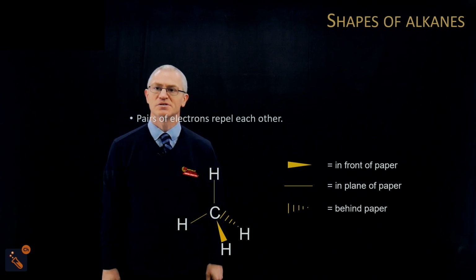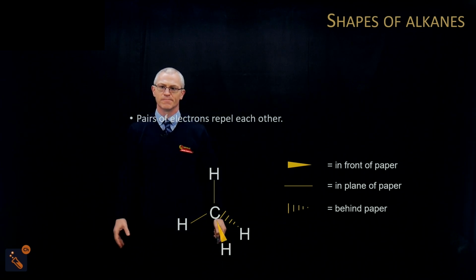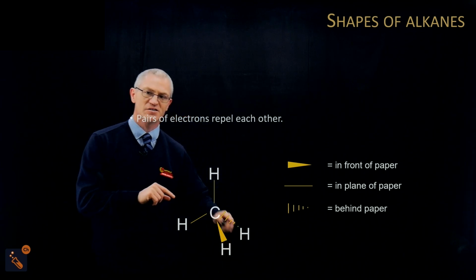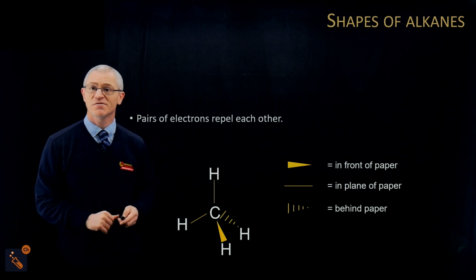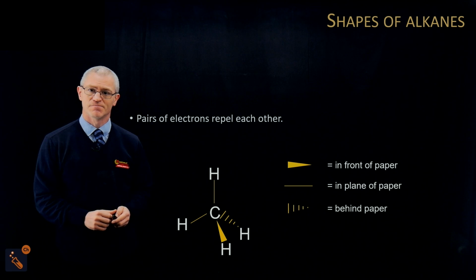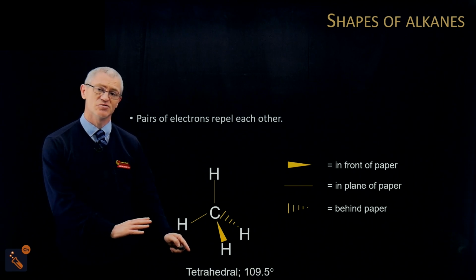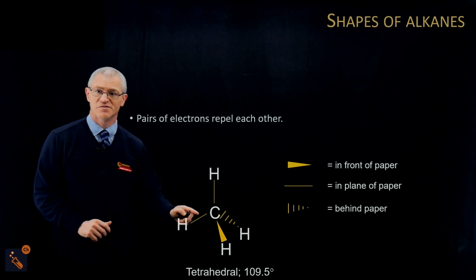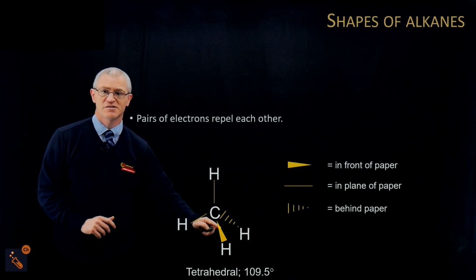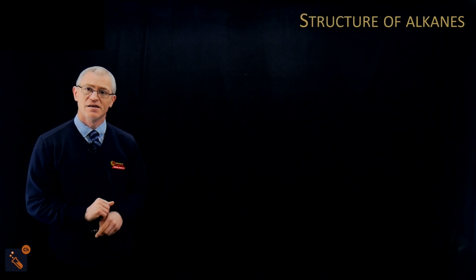This one, the opposite, I'm dead close, then I get smaller. You can see it's getting smaller as it goes away, so that means it's going away from you. And that's the 3D shape of an alkane. That shape is called tetrahedral, and the angle between these pairs is 109.5 degrees.